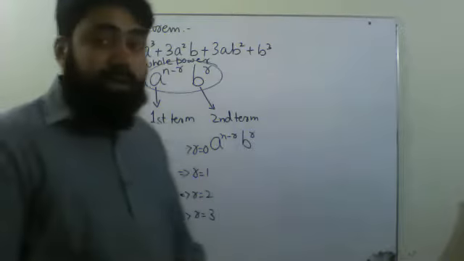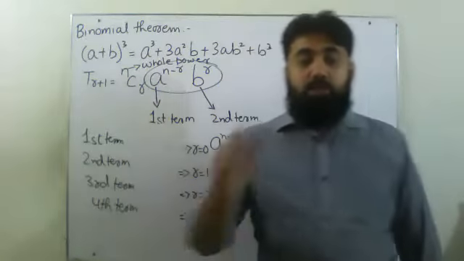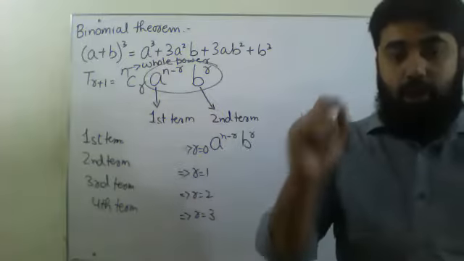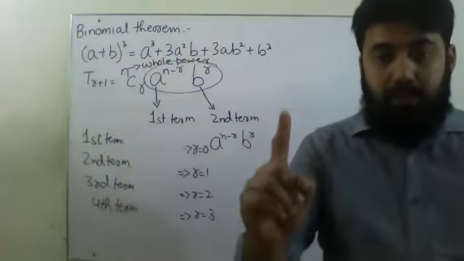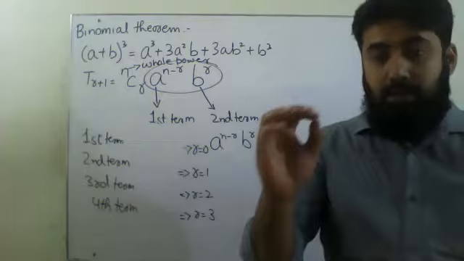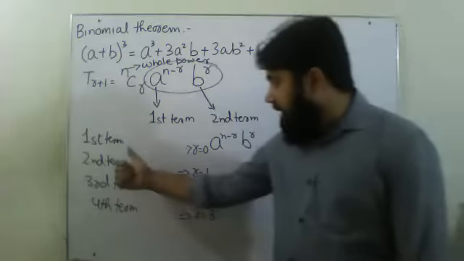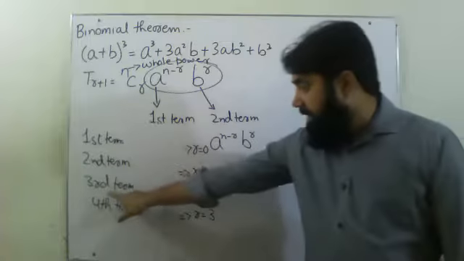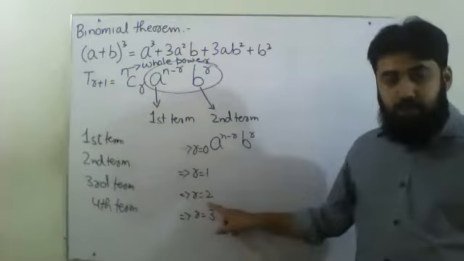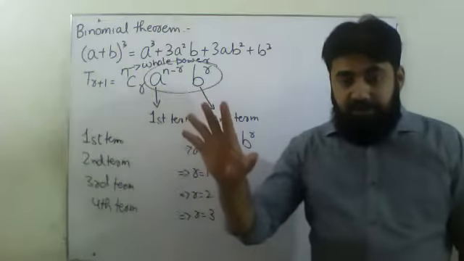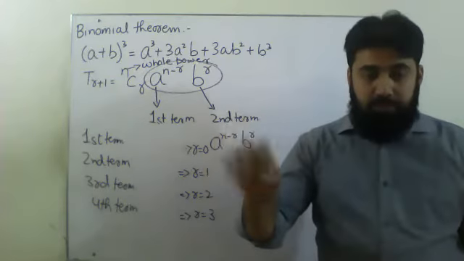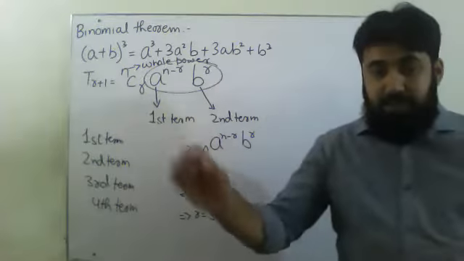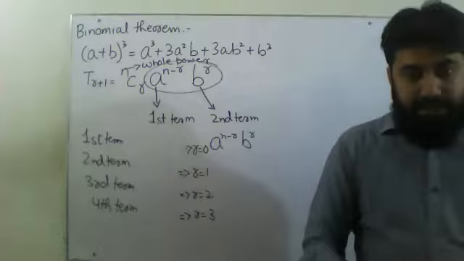What does it mean? The value of r will always be one number less than the term number. If first term, r is 0. If third term, r is 2. Fifth term, r is 4. Seventh term, r is 6.